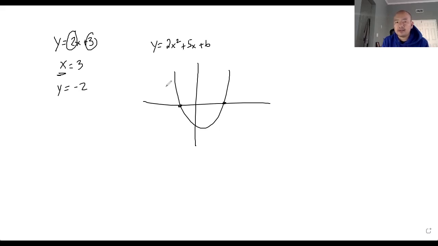And how do you get these x-intercepts? Again, you could use the factoring method, the quadratic formula, or completing the square, and so on and so forth. So there are different ways of solving for quadratics.